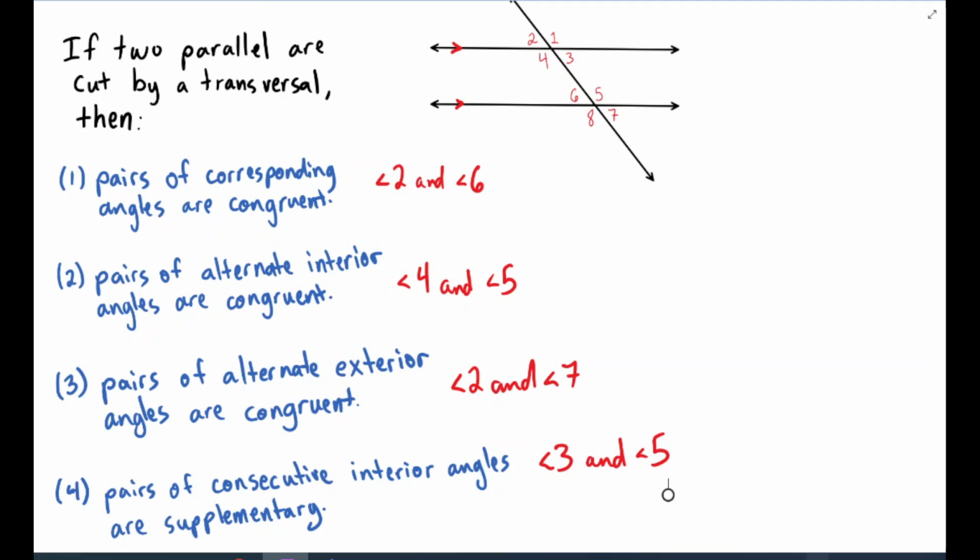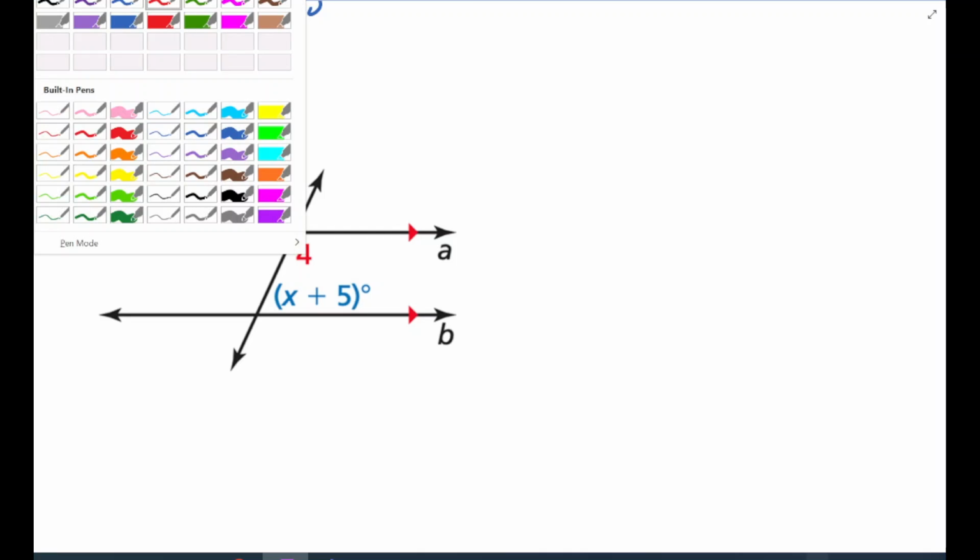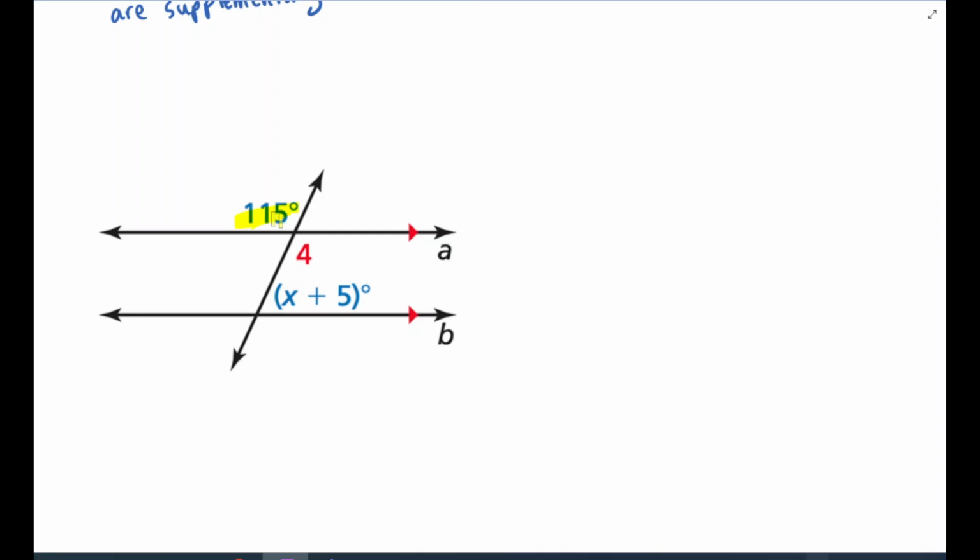We can now use this information to find missing angles. In this particular case, we can solve for x. Now, the relationship between these two angles may not seem immediately evident. However, these two angles are vertical. 115 and angle 4 are vertical angles, which means that angle 4 is also 115 degrees. And here's the good part.